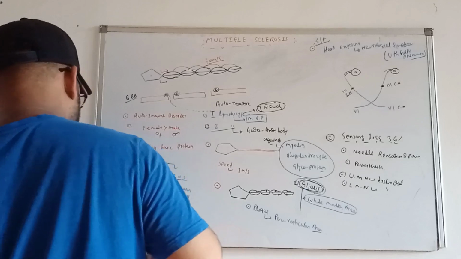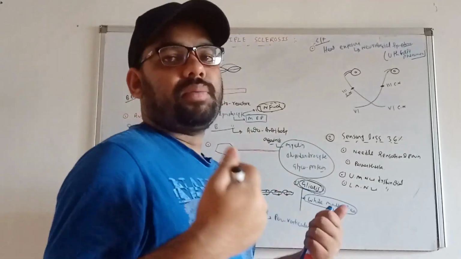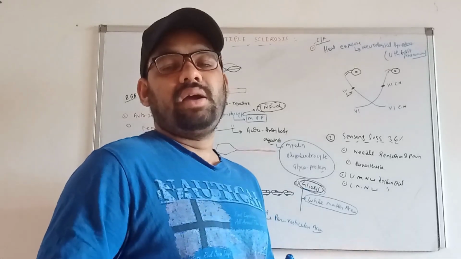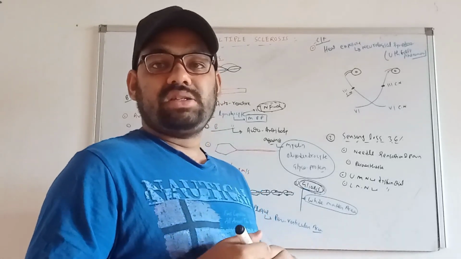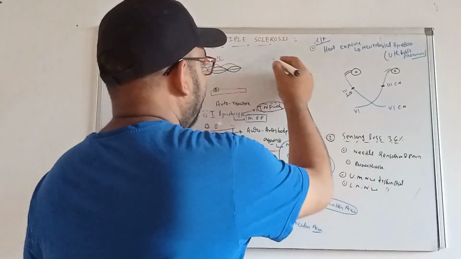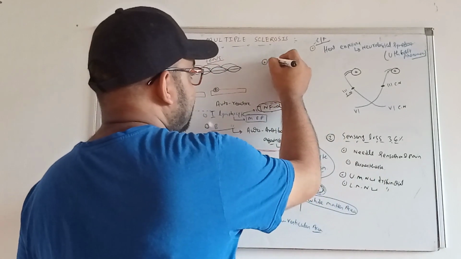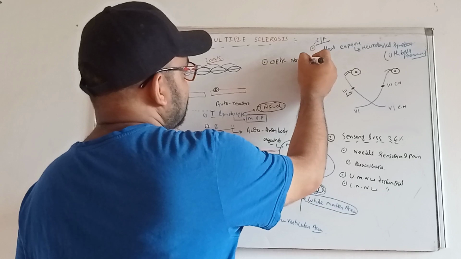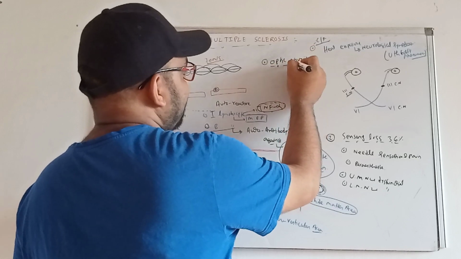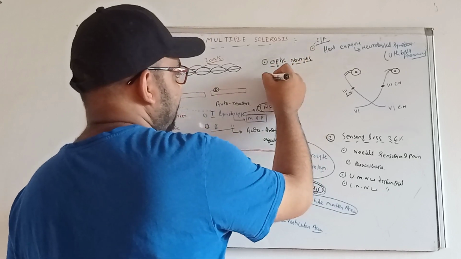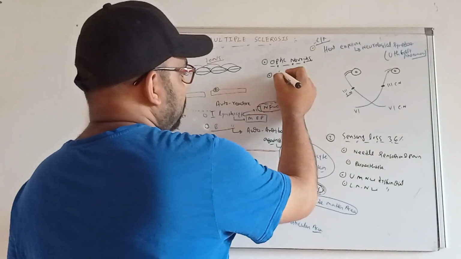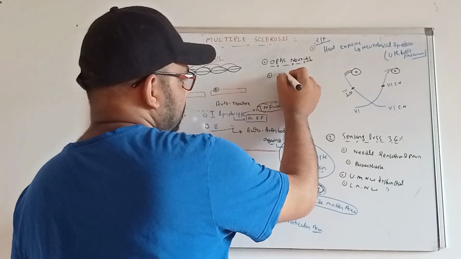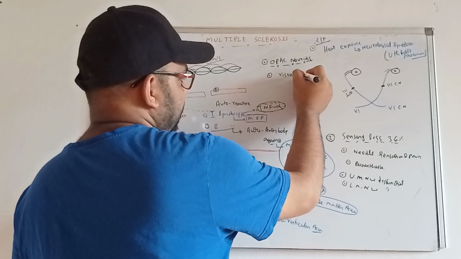The optic nerve is also a nerve, so it also has axons and myelin fiber, the myelin sheath. In optic neuritis, the optic nerve gets damaged. As a result, we can see blindness, that is, visual acuity loss.